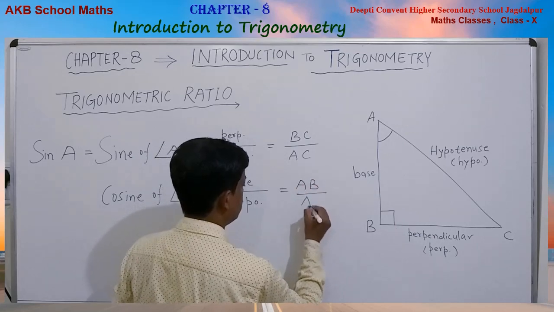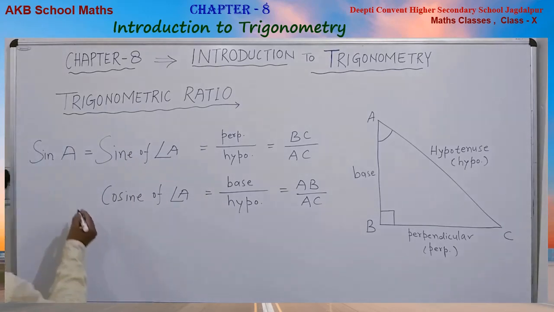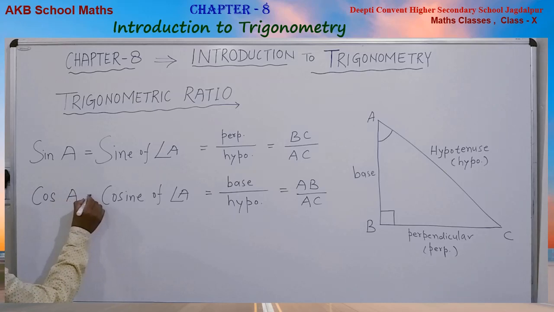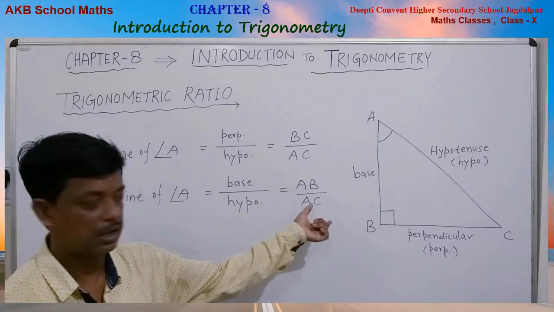This is also denoted like this, cos A in short. Cos A means cosine of A, which is another ratio.